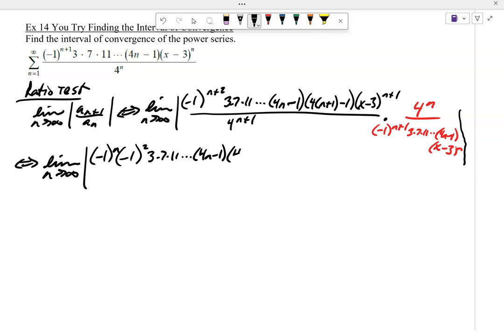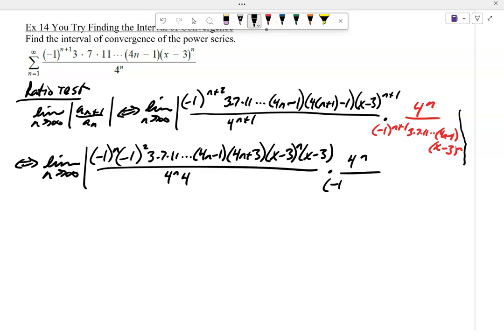Well, that's 4n plus 3. Now I got x minus 3 to the n, all over 4 to the n times 4. And then over here I got 4 to the n, negative 1 to the n, negative 1, 3, 7, 11, dot, dot, dot, 4n minus 1, x minus 3 to the n.